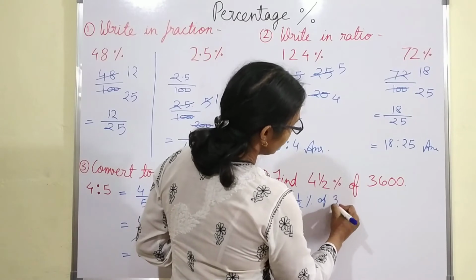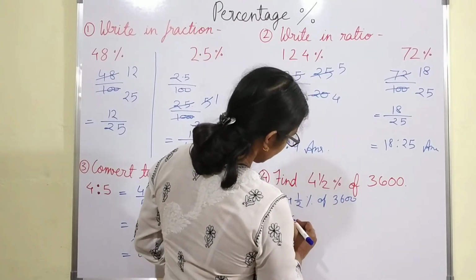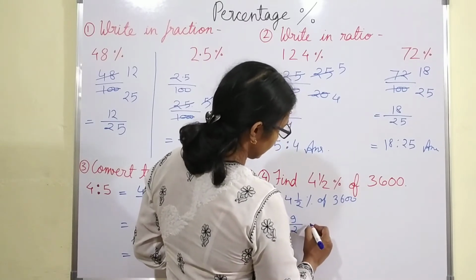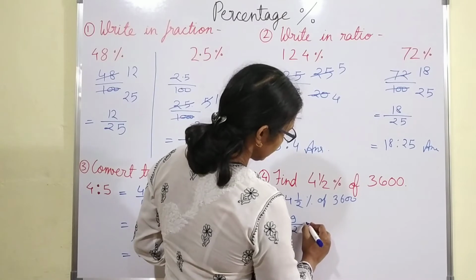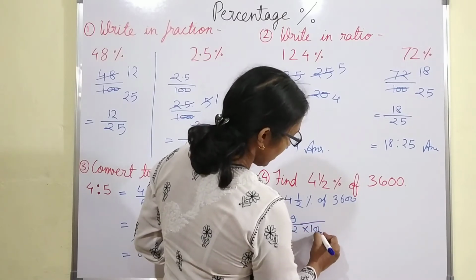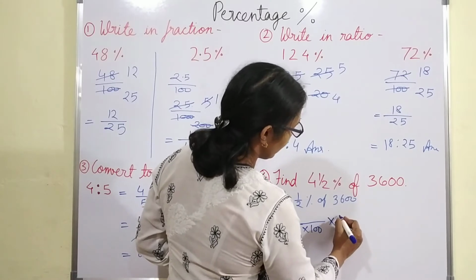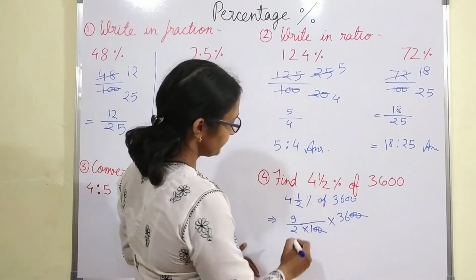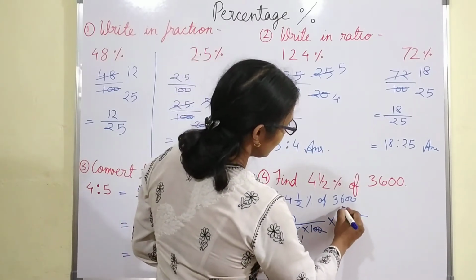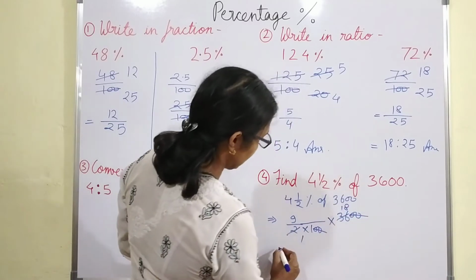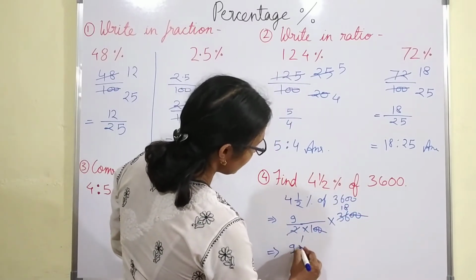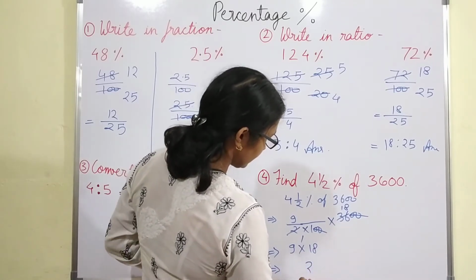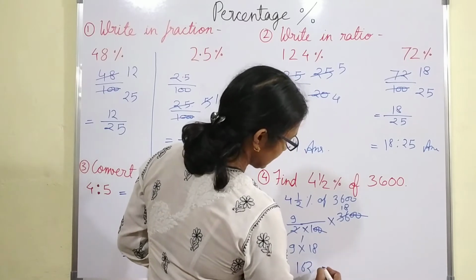So it will become 9/2% into 100 of 3600. 2 18s are 36, so 9 into 18, that is 162.